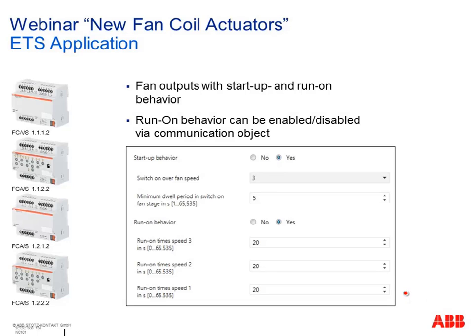This was very often required if people said, okay, if you switch off the fan coil unit, it should not go off immediately, especially if you're on speed 1. Not off because we need a run-on time. And is this adjustable? Up to now it was not adjustable, but here now available. So you can also enable and disable this behavior via a separate communication object. If you don't need this, it's possible to disable via a telegram, or you enable it if it's really necessary. We call it run-on behavior.